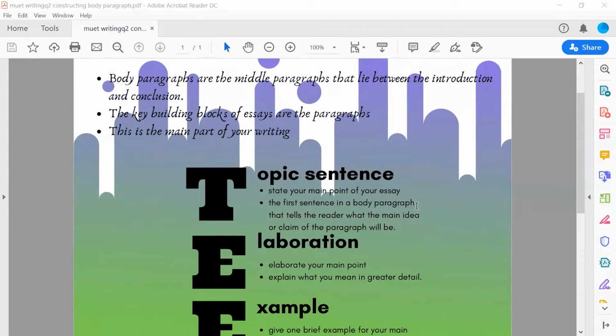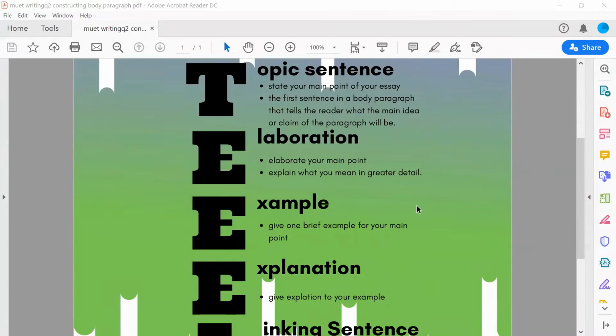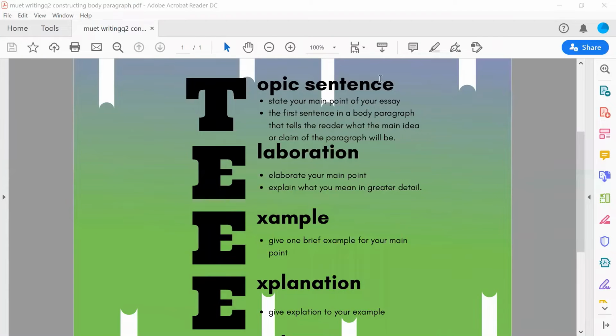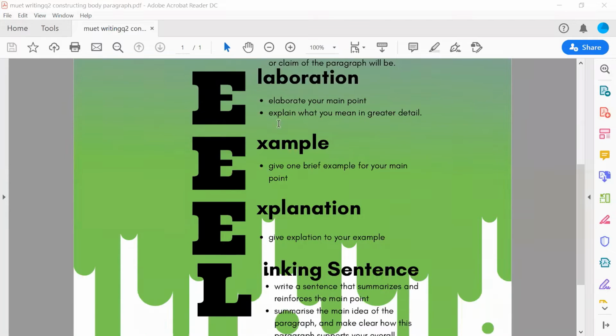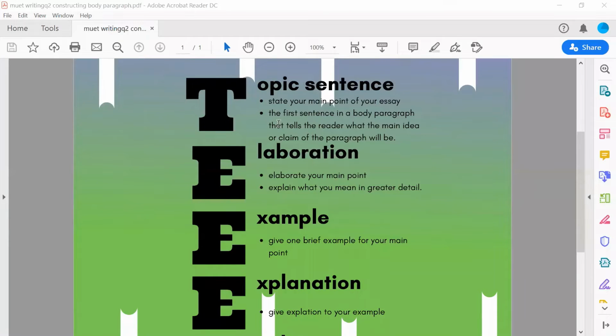To remember how to write your body paragraph, it is TEEL. Now, the topic sentence basically states your main point. Remember I told you that in your thesis, you need to state your points. So in your topic sentence, this is where you would elaborate each of the points. Now, question, this is TEEL, right? How many TEEL do you need? How many body paragraphs do you need for your essay? Three. At least three, very good.